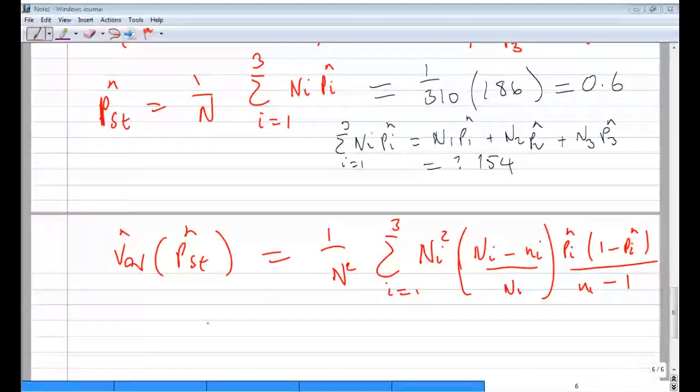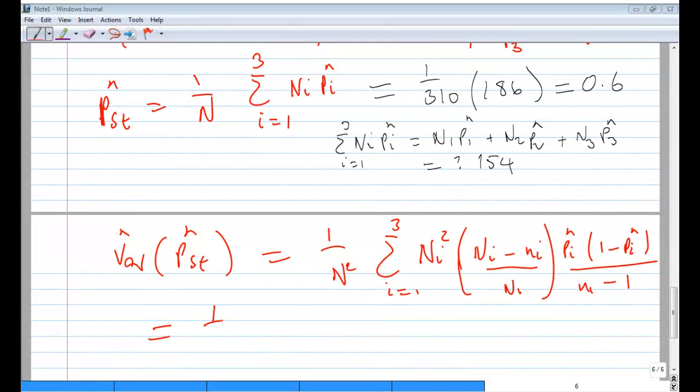Okay, so let's plug everything in. You have 1 over 310, then you square it. Then you find the population size for stratum number 1, which is 155, then you square it. Then you subtract the sample size, which is 20, then divide by 155.